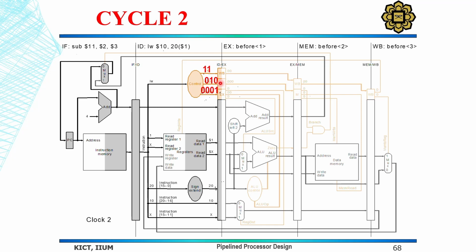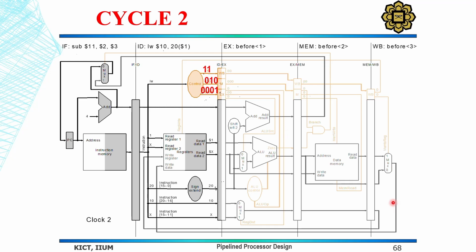Finally, with the write back stage, we have 2 bits, which are 1 and 1. This one is for register write, to write to the register file, and the other one is memory to register, so both bits are enabled for this one.